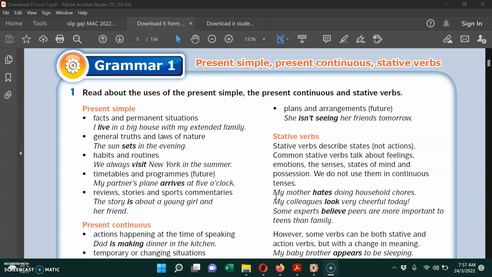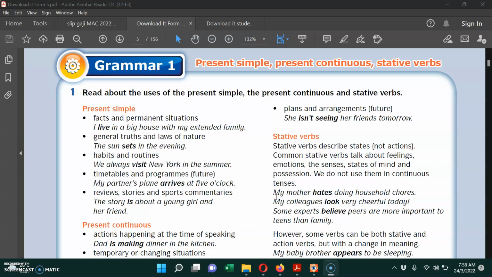Present simple. We use present simple tense to describe facts and permanent situation. Kita menggunakan simple present tense untuk menerangkan fakta ataupun situasi yang kekal. For example, sebagai contoh, I live in a big house with my extended family.